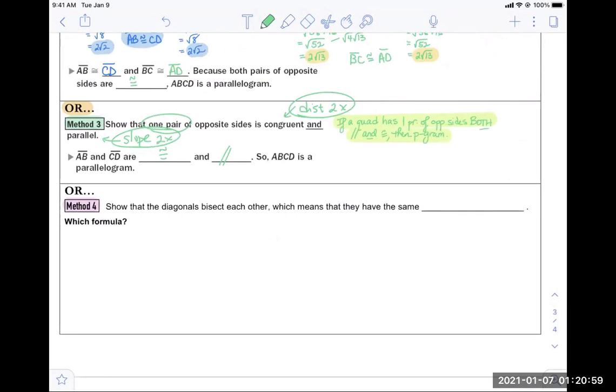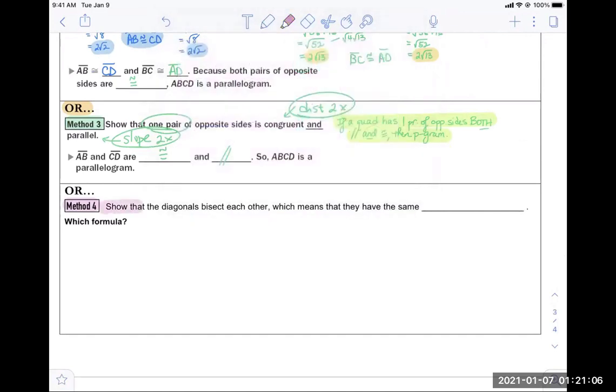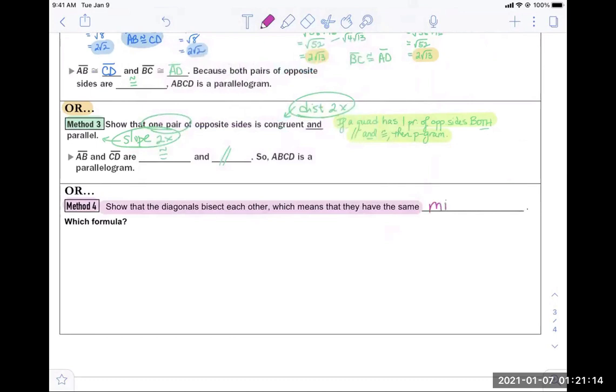Okay, and then the last method is, again, these are options. Show that the diagonals bisect each other, which means they have the same midpoint. So again, if a quad has diagonals that bisect each other, then it's a parallelogram.